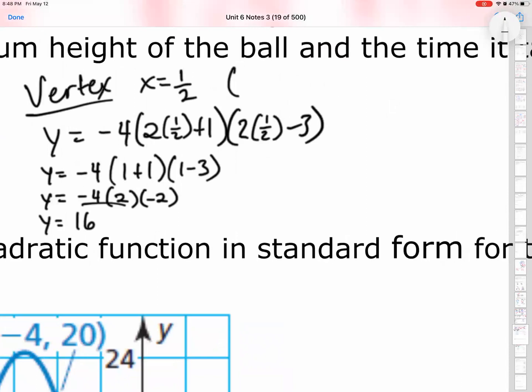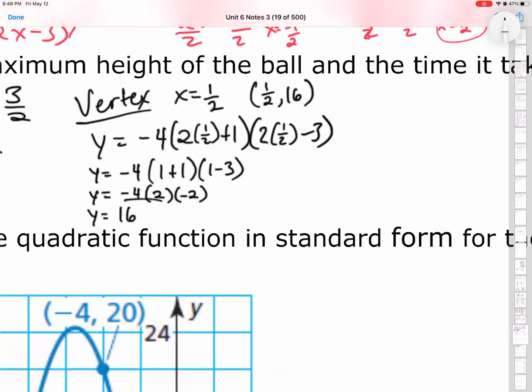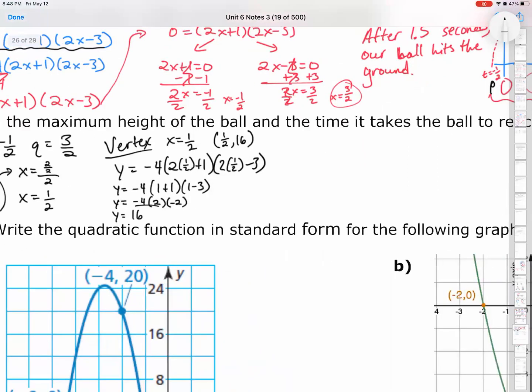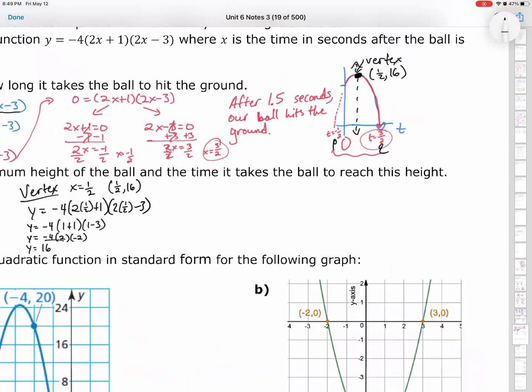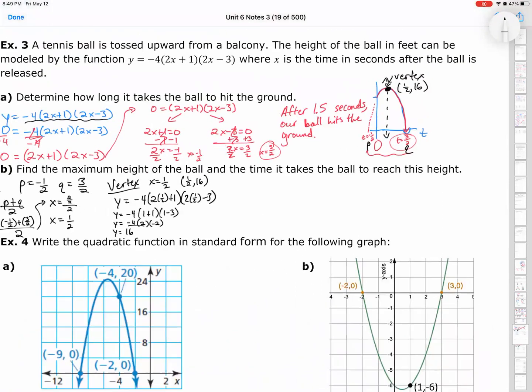So the vertex is 1/2 seconds. Our height's going to be 16. So 1/2 seconds, we would see it at that height, 16. So we've answered where is it going to be the maximum height at 16 feet.